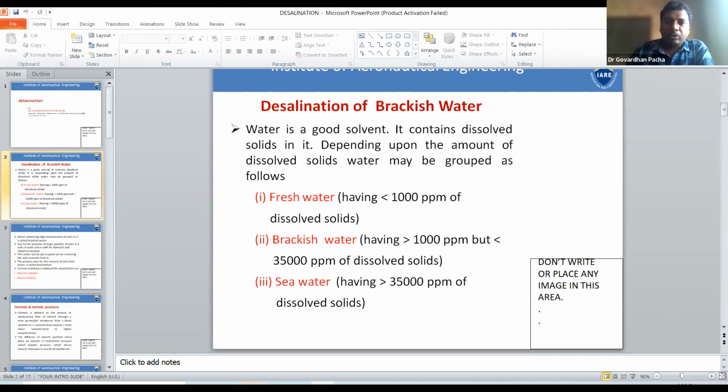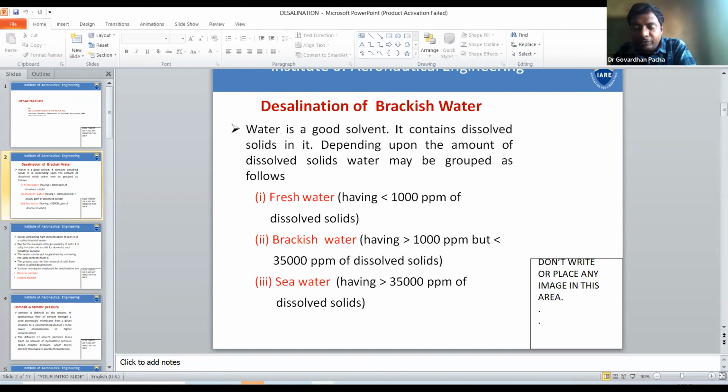So this is about the osmosis slide. Osmosis is one of the colligative properties, and it involves the spontaneous flow of the solvent from lower concentration to higher concentration when both are separated by a semi-permeable membrane. That is called the osmosis process.